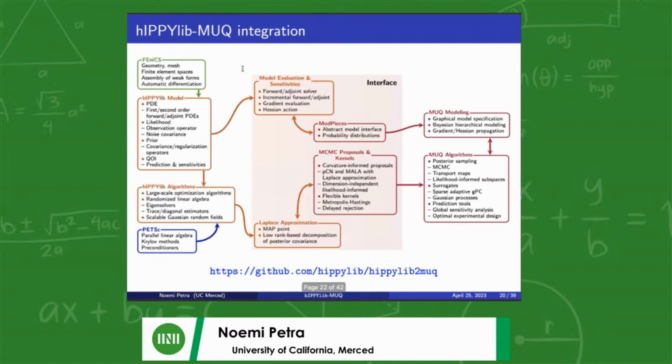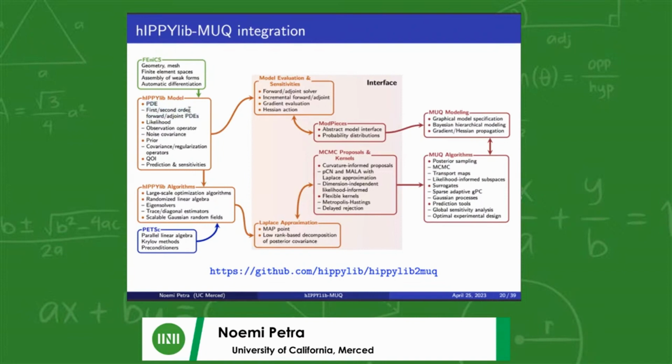Okay. So how does the integration look? On the left, we have hIPPYlib, and it's all in orange. And then some libraries that we also rely on, like FEniCS and PETSc. The hIPPYlib model basically consists of the PDE, the description of the forward problem.